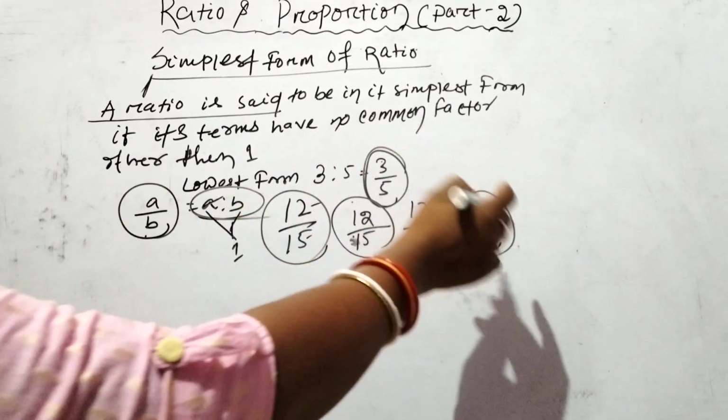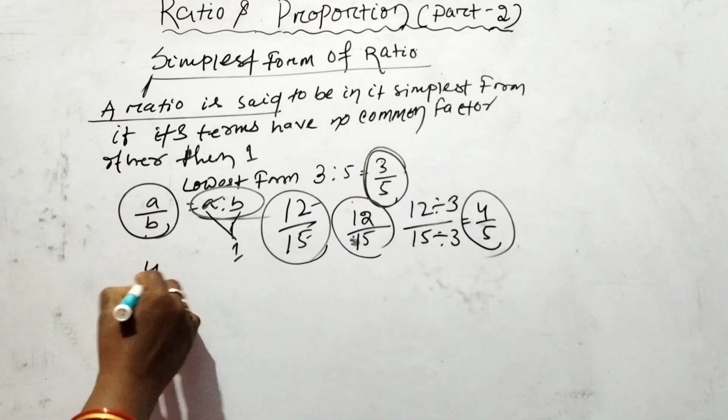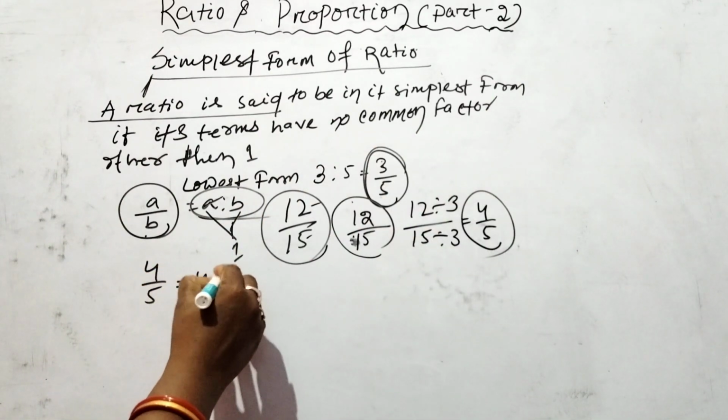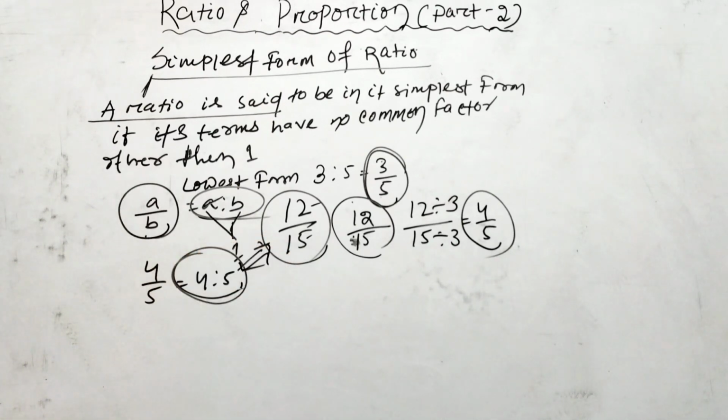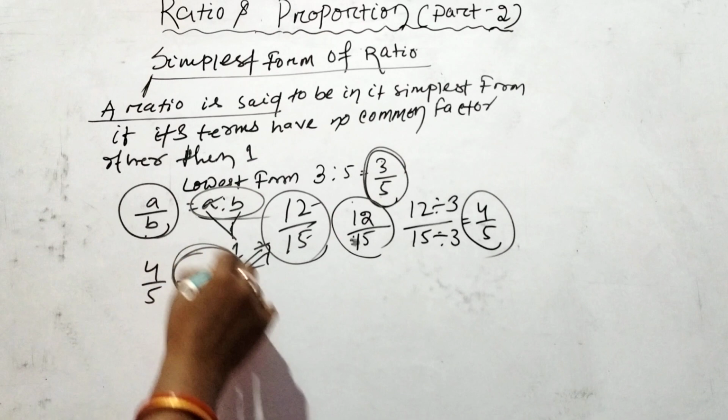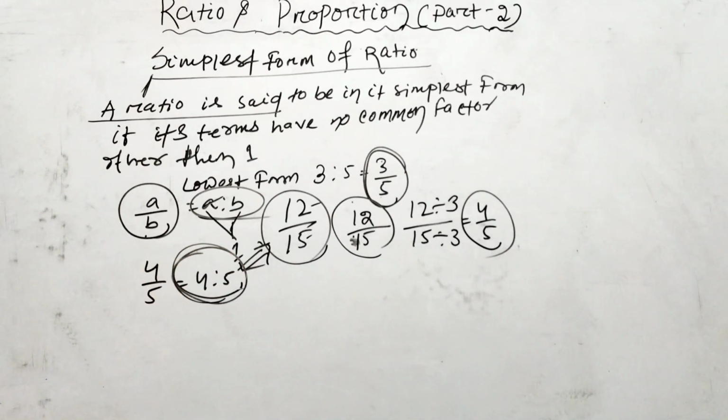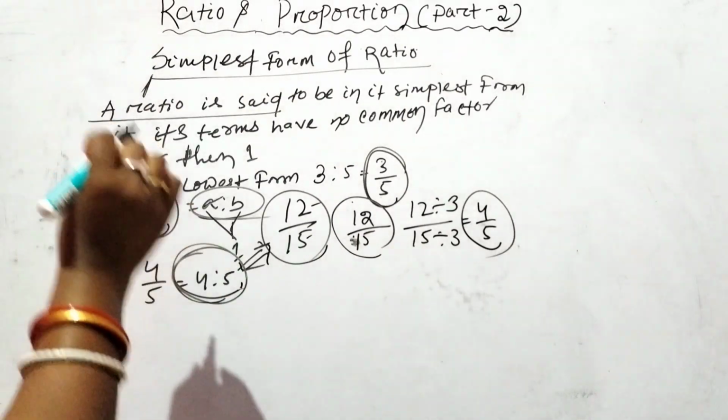Now 4 by 5, or 4 is to 5, is the lowest form of 12 by 15. When you find the common factor of 4 and 5, it is 1. This is the simplest form.